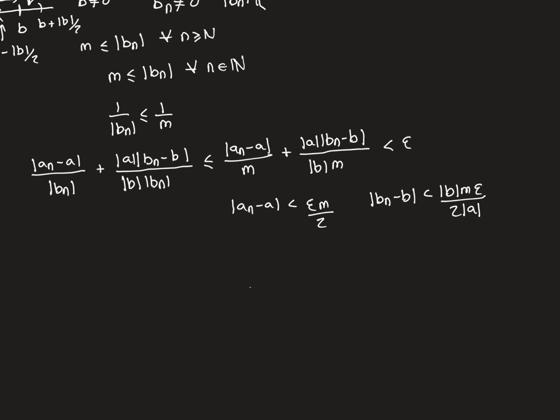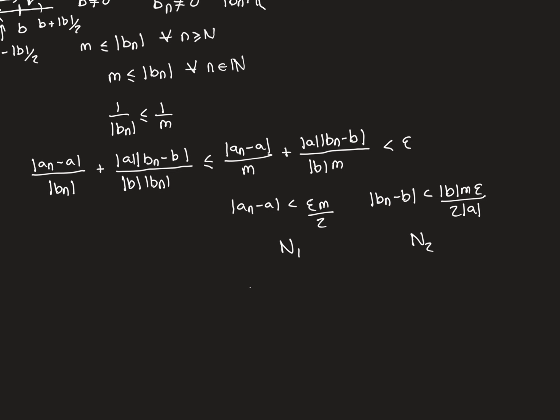So again, because this one converges to a and this one converges to b, there will exist some big N1 such that for all the terms from that term onwards, this is true, and there will exist a big N2 in this one's case such that for that term and all the terms onwards, this is true.